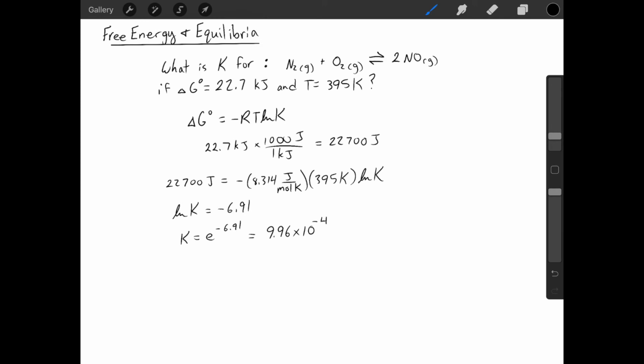So we can find that the equilibrium constant for this reaction under these conditions is 9.96 times 10 to the minus 4. Our delta G was positive, and we found that our K value was less than 1, and reactants dominate, and the forward reaction is non-spontaneous at these conditions.